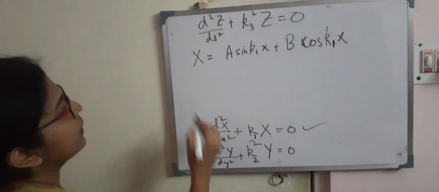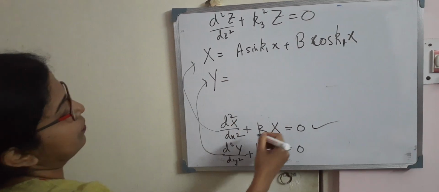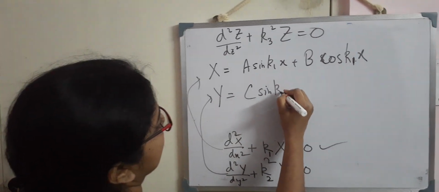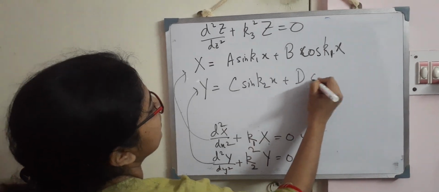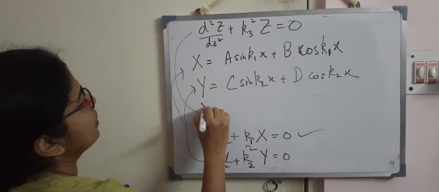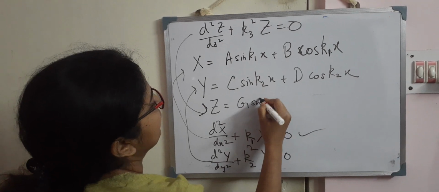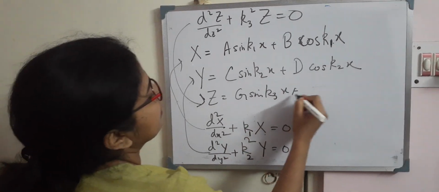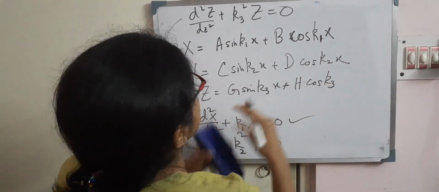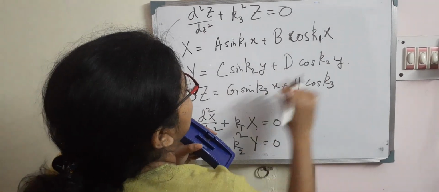Similarly, this is the solution of this one. Now the Y solution will look like, say, c sin k2y plus d cos k2y, and this equation, capital Z, will be, say, g sin k3z plus h cos k3z. Sorry, this I am solving in terms of y, and this is z.